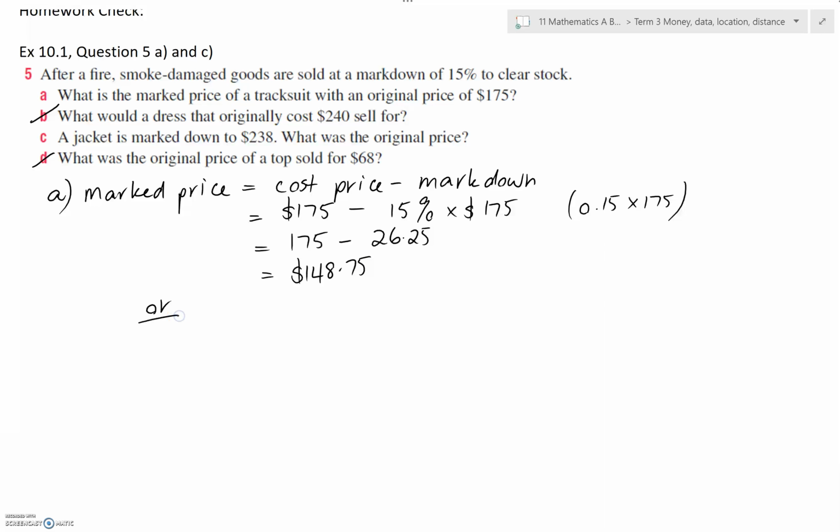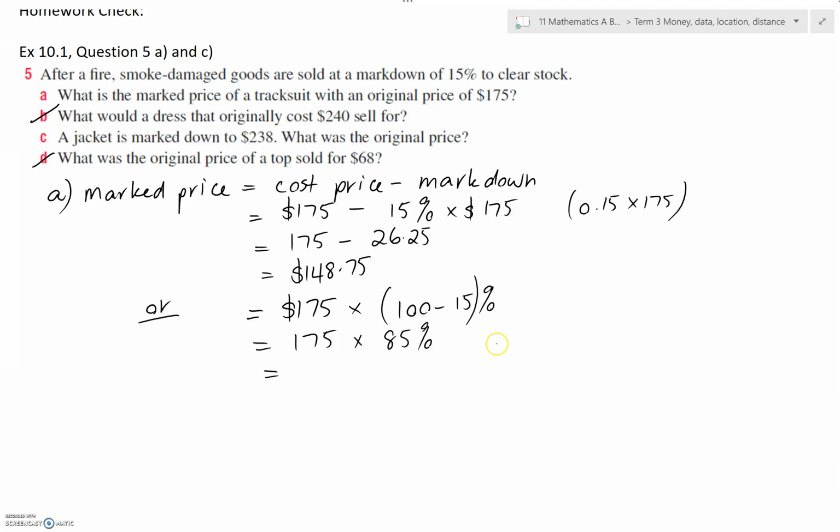Or you could have also done it in the following way. $175 times 100% minus that 85%. So in other words, we want 85% of that marked price, the original price, because 85% is 15% less than where we started.